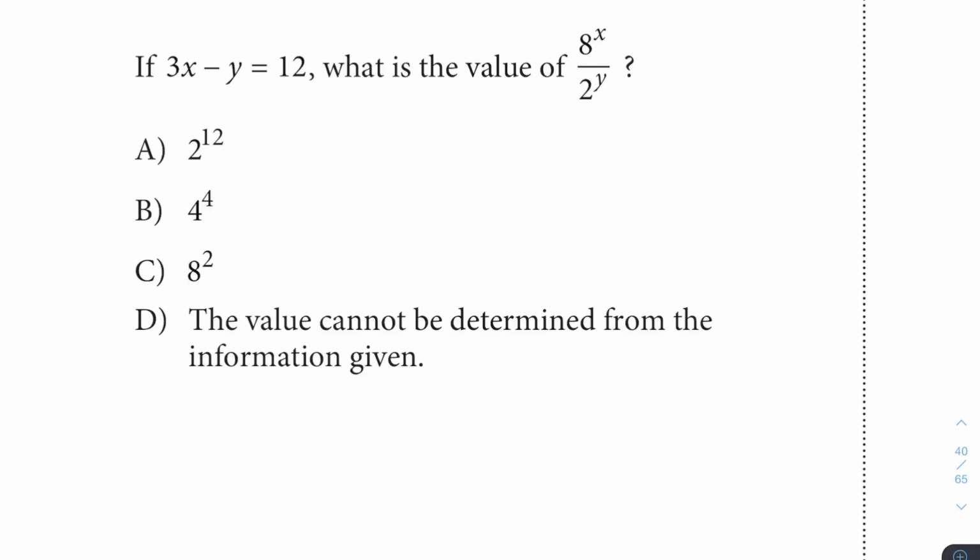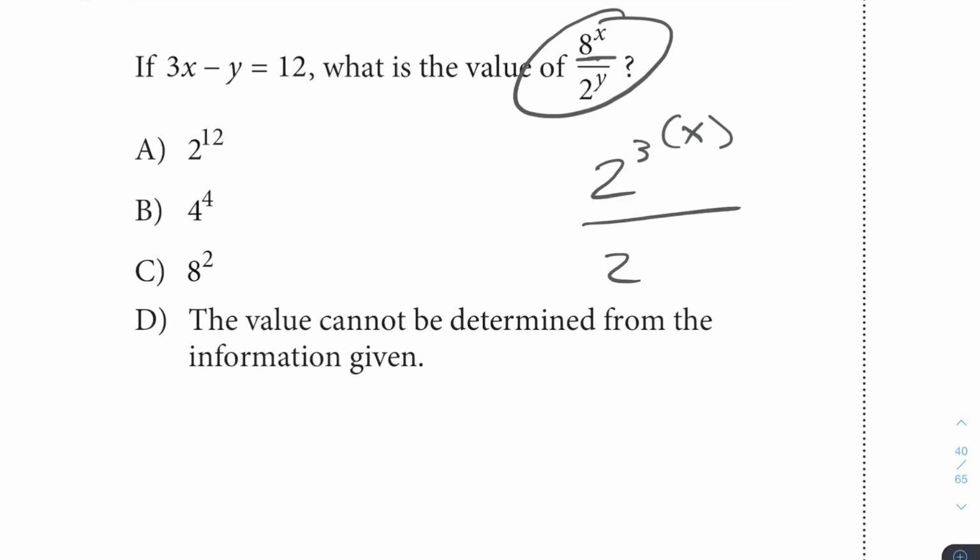Okay, this says if 3x minus y equals 12, what is the value of 8 to the x over 2 to the y? So the first thing to do with the exponents is get a common base. So we know that 8 can be turned into 2 to the third, so we have 2 to the third, to the x, all over 2 to the power of y. We know the exponent rule that if you're dividing exponents, it's going to be this minus this.